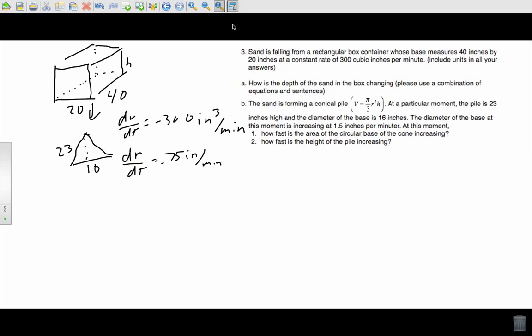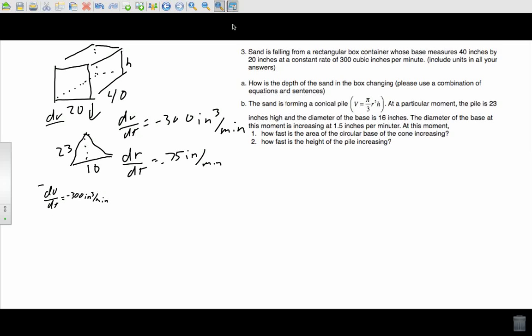And part A is just asking you, how is the depth of the sand in the box changing? So you have to take note of a few things here. First, you have to know that dV/dt is equal to negative 300 inches cubed per minute.